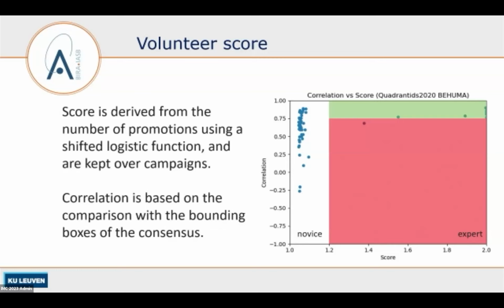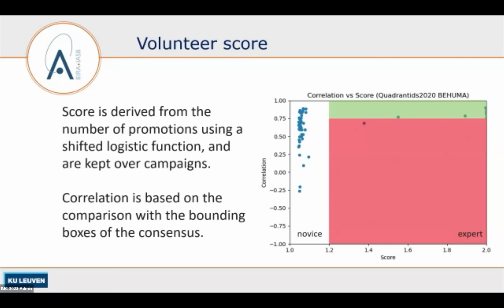In the white box are the novice users, and their correlation has a large spread. Some novice users have bounding boxes with a good correlation with the consensus, but there are also much smaller correlations than we would like.